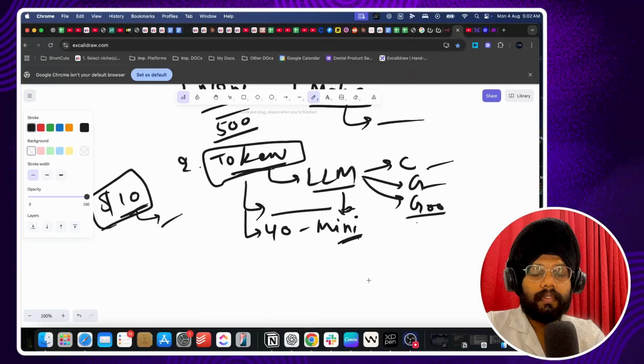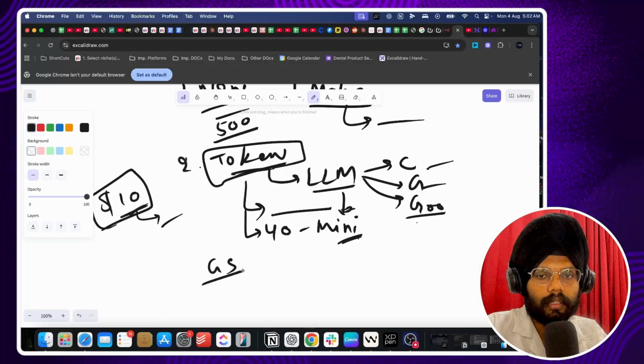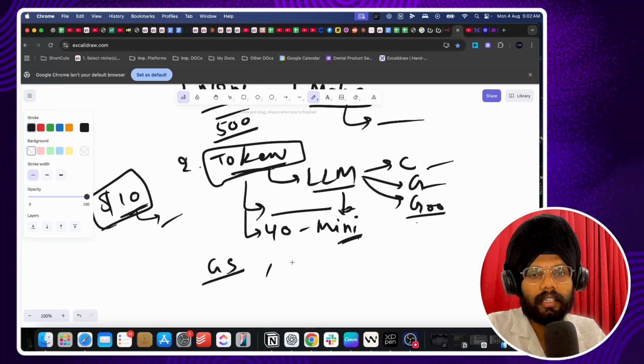Other than that, the fact is that you will be going to use a bunch of platforms a lot, whether it is Google Sheets or chat platforms like Telegram or Slack or whatever.